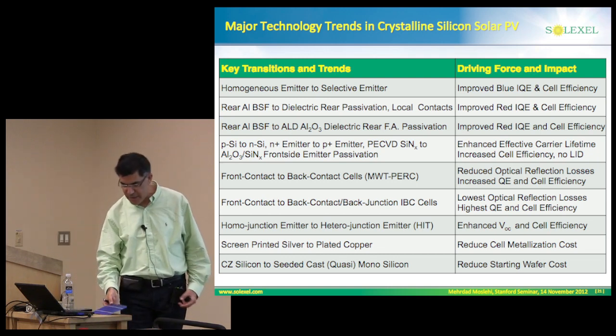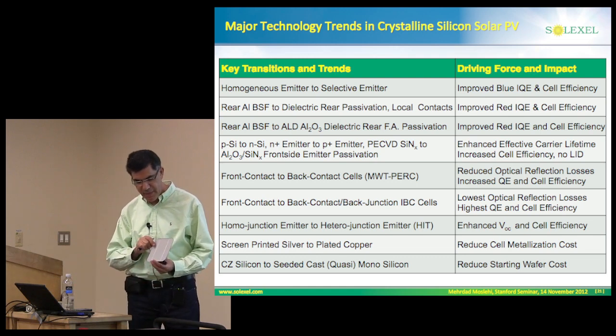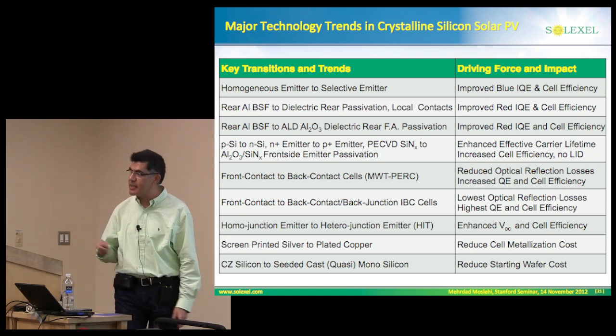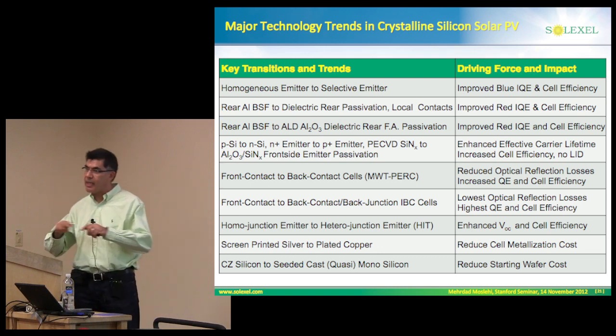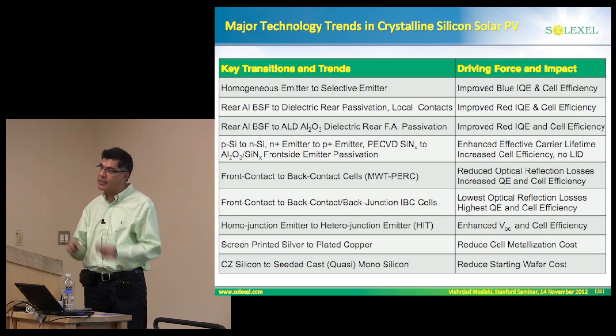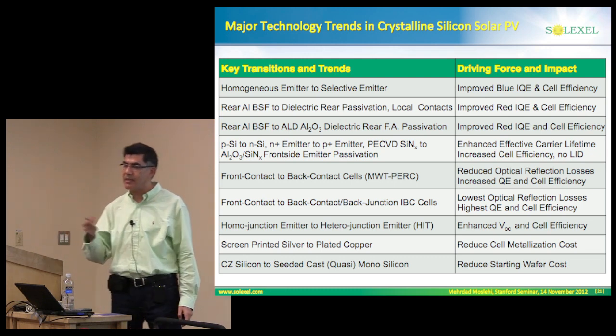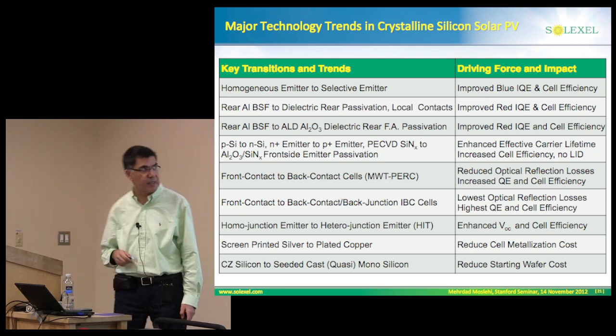The other part is that in most of the cells made today, the back side has a blanket so-called aluminum back surface field. That in higher efficiency cells is being replaced with dielectric passivation with local contacts. Sometimes you hear the terminology PERC, which is really passivated emitter and rear contact, localized contact.